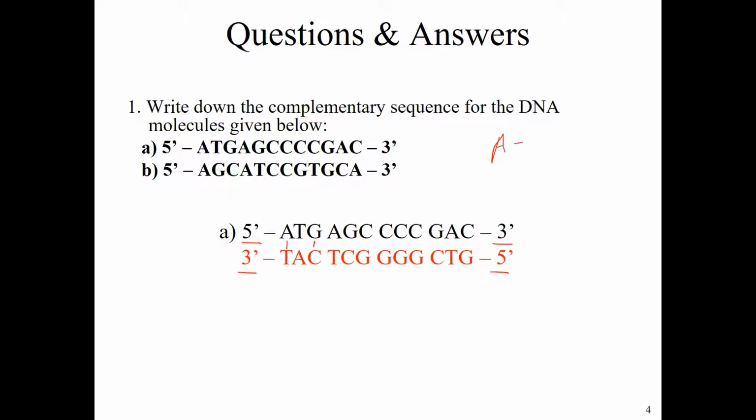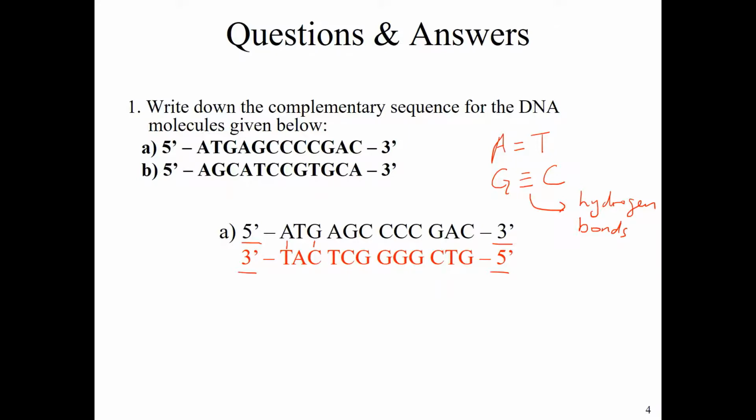A in DNA will bind to thymine in the other strand of DNA. Guanine will bind to cytosine. These lines are the hydrogen bonds. Cytosine and guanine have 3 hydrogen bonds between them. Adenine and thymine have 2 hydrogen bonds between them. So this is the complementary sequence.